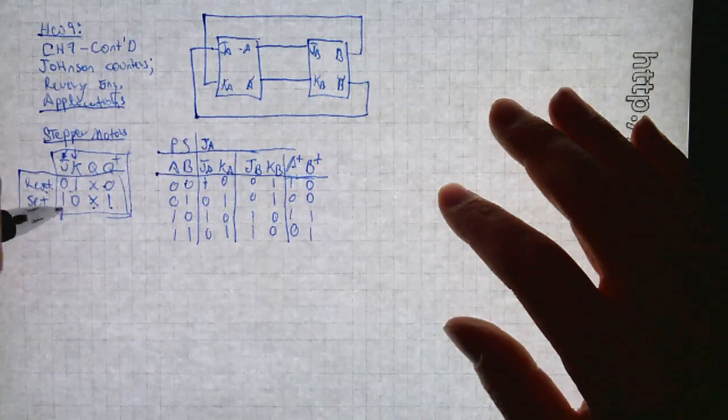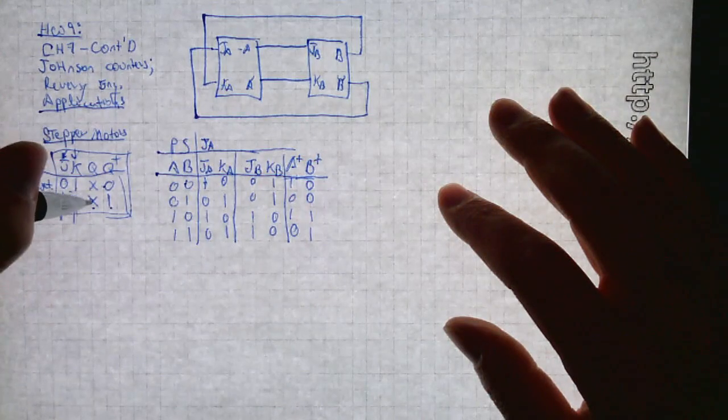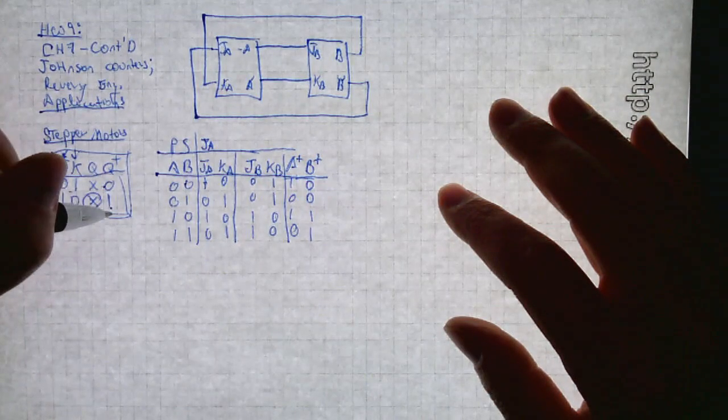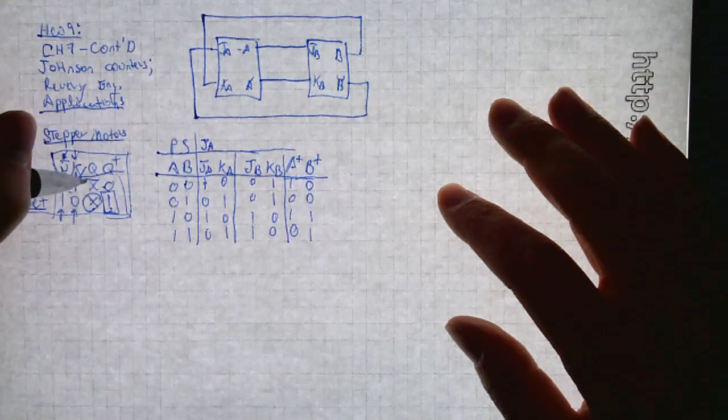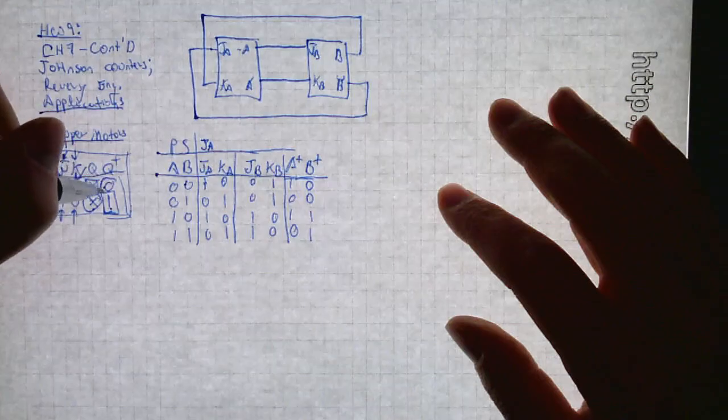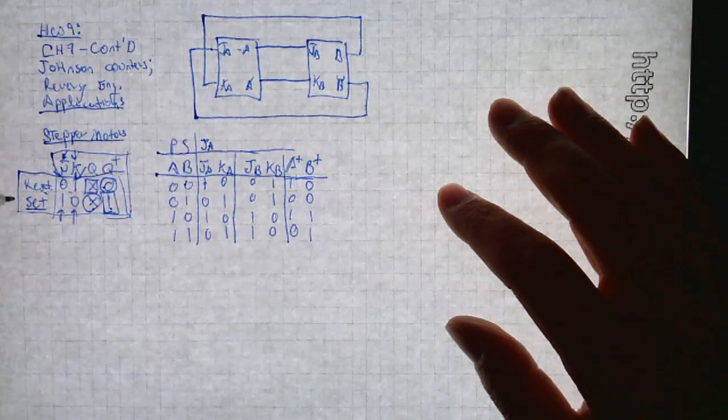Now if you make J set and reset is 0, that thing's going to be set. Doesn't matter what its present state is, next state's going to be a 1. And if you make it a reset and the set is 0, doesn't matter what the present state is, next state is going to be 0. Is that clear to people? That's how JK flip-flops work.